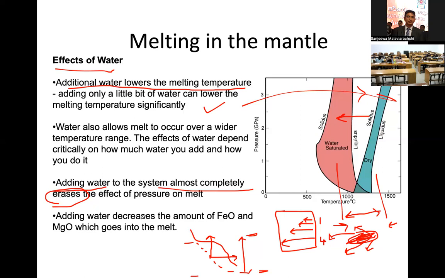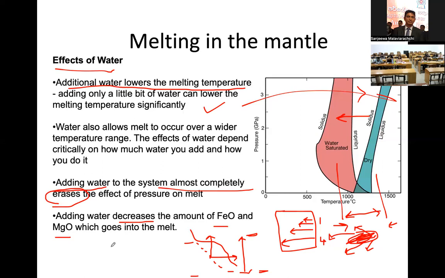And also there is a possibility to decrease the amount of iron and magnesium which is going into the melt, right? Adding water. That is actually a different aspect we have to consider, but just keep in mind that hydration causes a reduction in the iron and magnesium amounts which are dissolved into the melt.